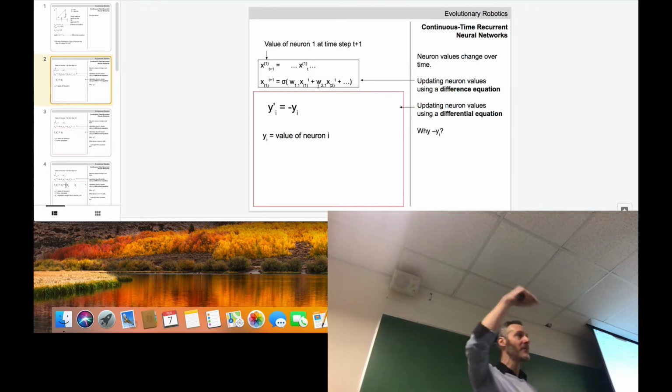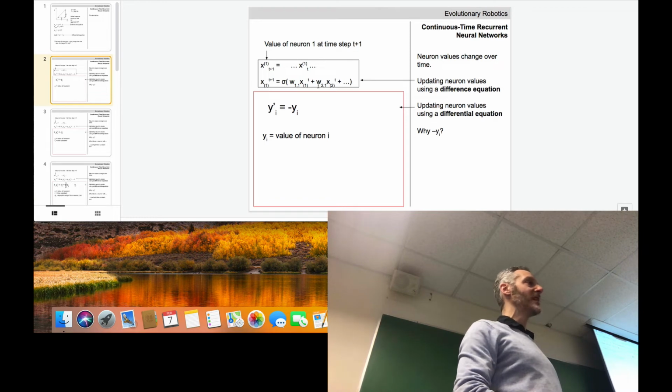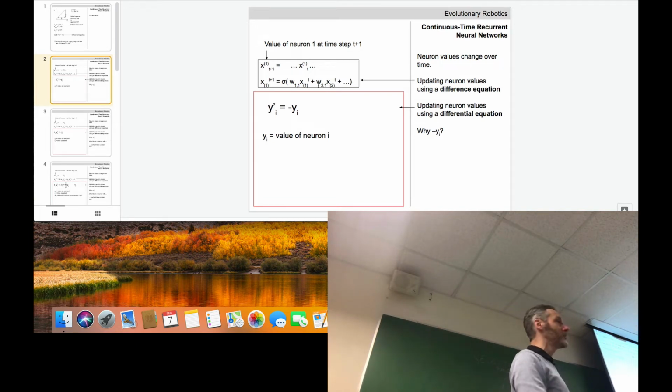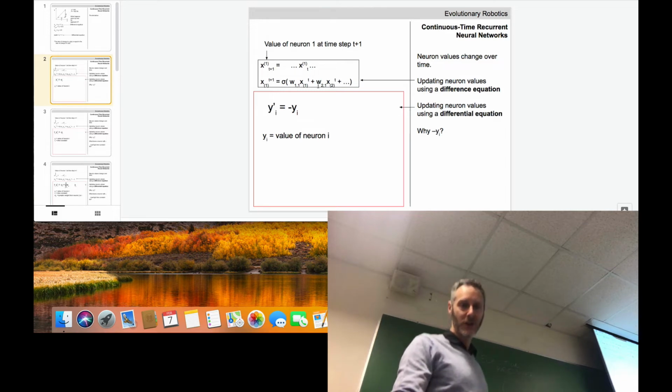That's the weighted sum that we're performing. We then take the activation function and squash that value to a new value that lies between 0 and 1, or minus 1 and plus 1, and that becomes the new value at time t plus 1 of the neuron x1, right? So in essence, we're using difference equations when we're computing a neural network.